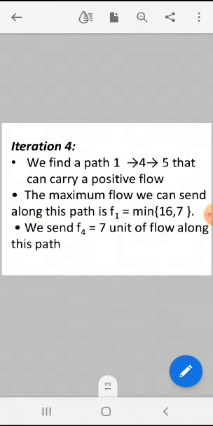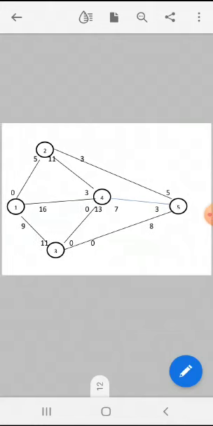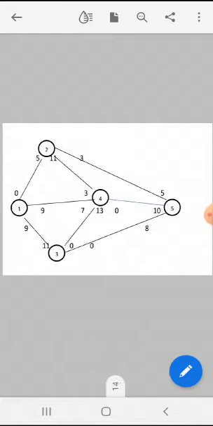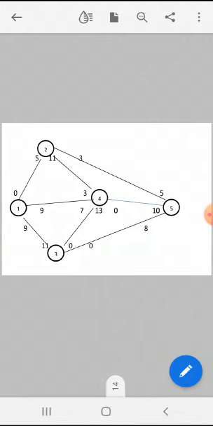So 7 units of flow along this path. So subtract 7 from 16 and add 7 to 0 for the arc 1 to 4, and for the arc 4 to 5 subtract 7 from 7 and add 7 to 3. This is the resulting updated figure.